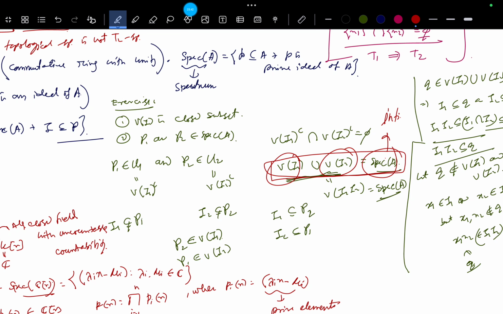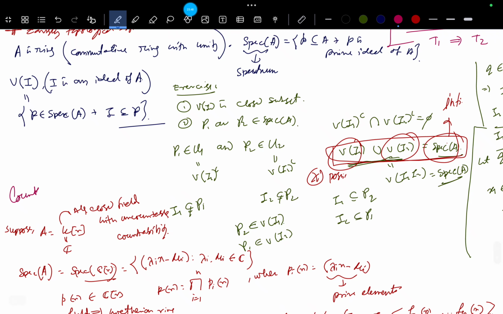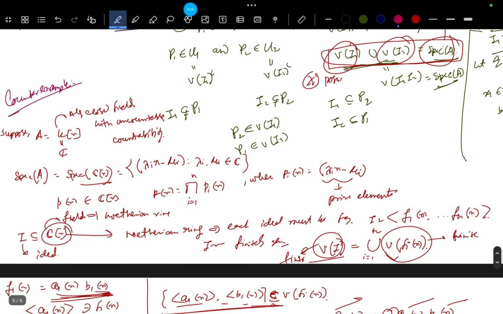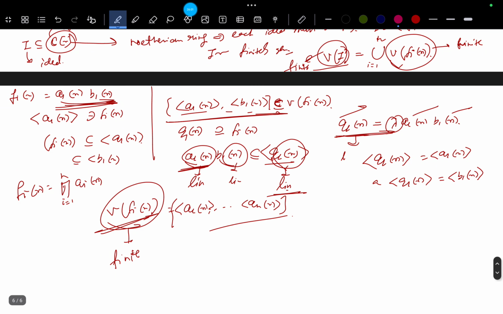So this is a counterexample. It is a very beautiful counterexample that algebra students should be very interested in, and a really important tool to work with for more results in commutative algebra and of course in algebraic geometry.